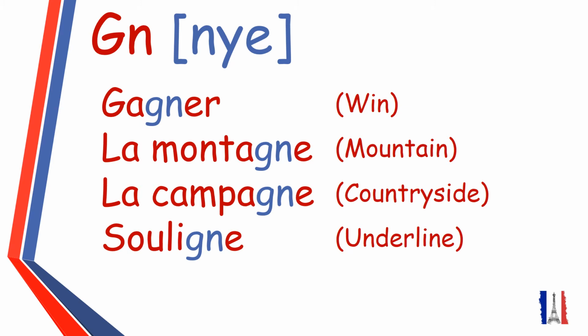Gne. The letters GN, when they are together, give the sound gne. Ga, gne, gagne. And the ER, as we have seen in the beginning of this video, the sound of ER would be é.